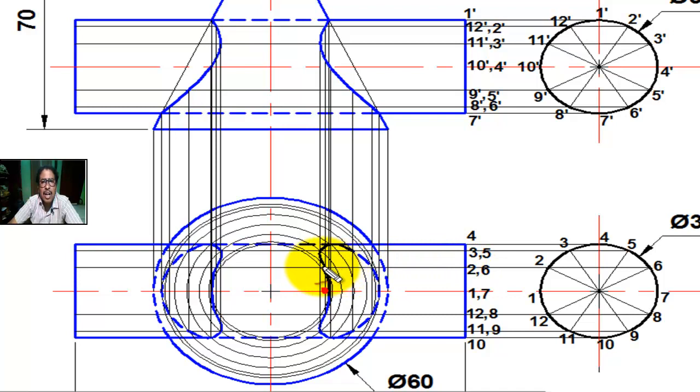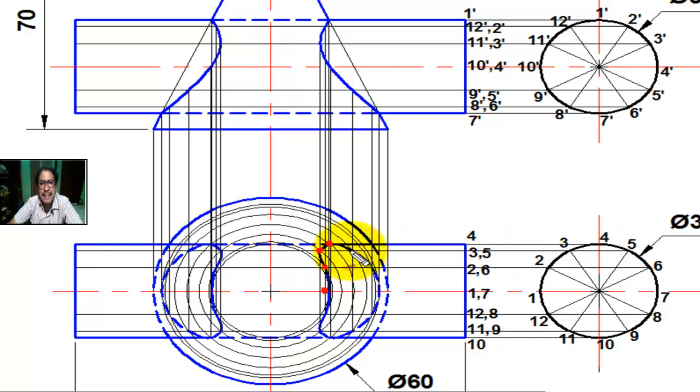From 2 it cuts the 2 number circle at this point. From 3 it cuts 3 number circle. From 4 it cuts 4 number circle.